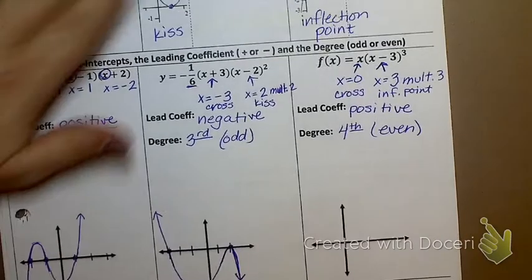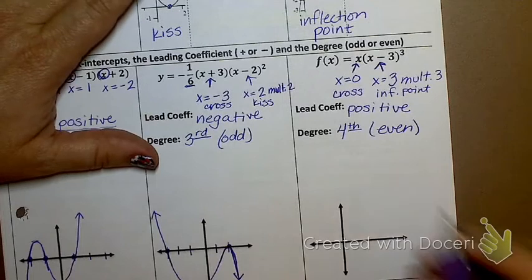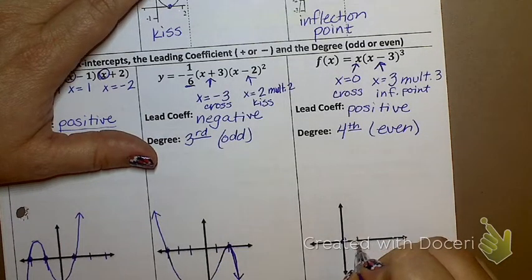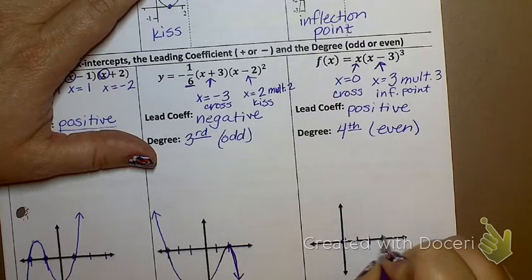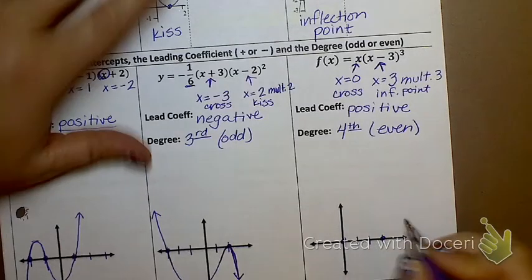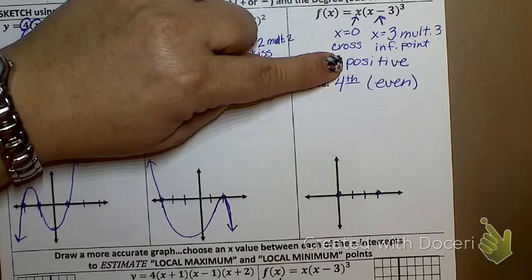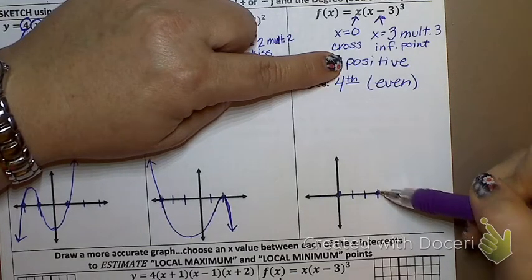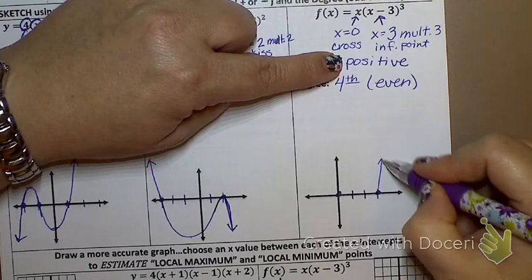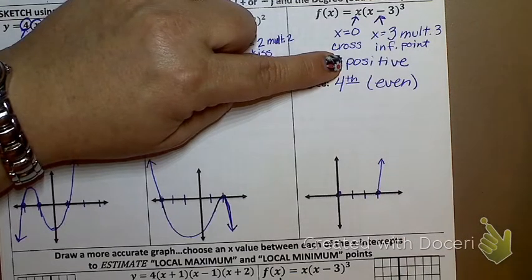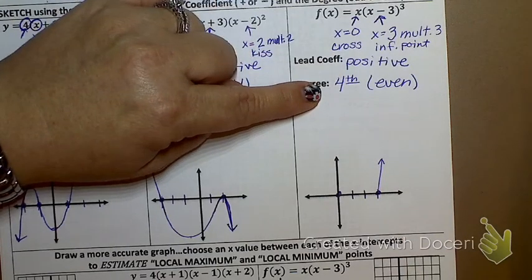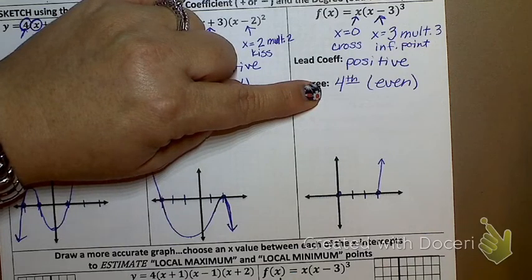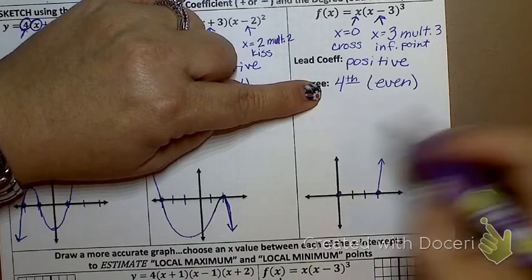Okay? So let's plot our points, 0 on the x-axis and 3 on the x-axis. All right, leading coefficient is positive. What does that tell me? Starting at the 0 that's furthest to the right, it goes up. I have an even degree. What does that mean? The left side also goes up because it goes the same direction.